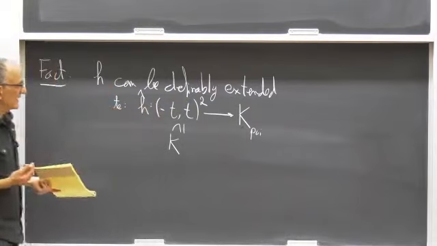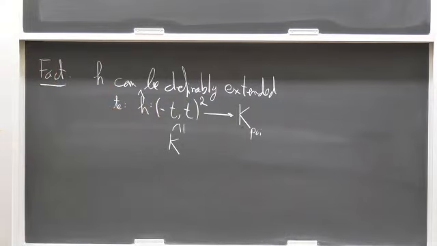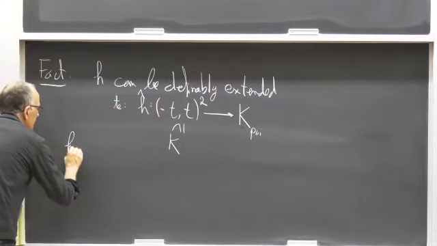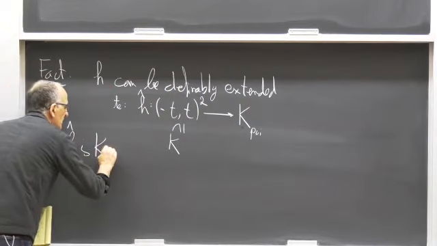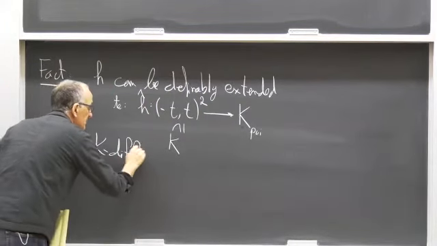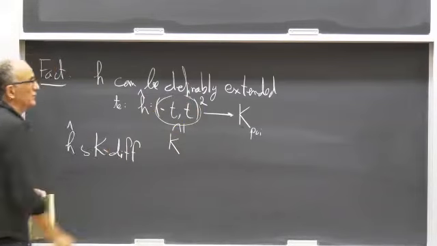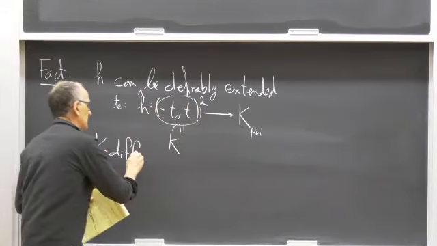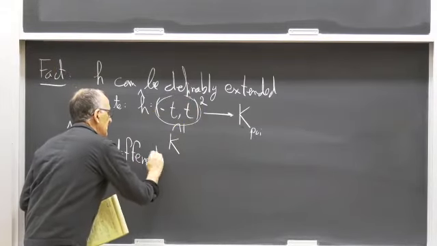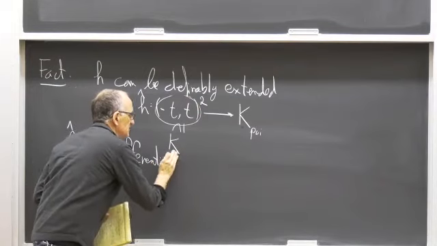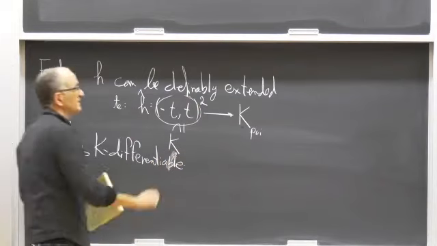And as we said last time, H hat is a formal power series, and H hat is K differentiable on this open set inside R2 or inside K. And its derivative is just the formal derivative.